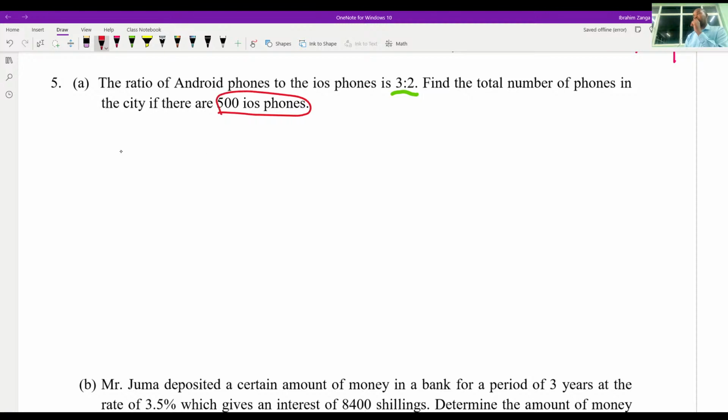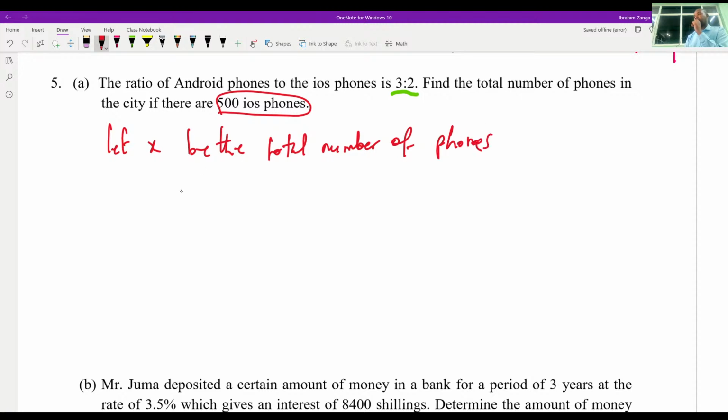So the total number of phones we could let X be the total number of phones in the town.